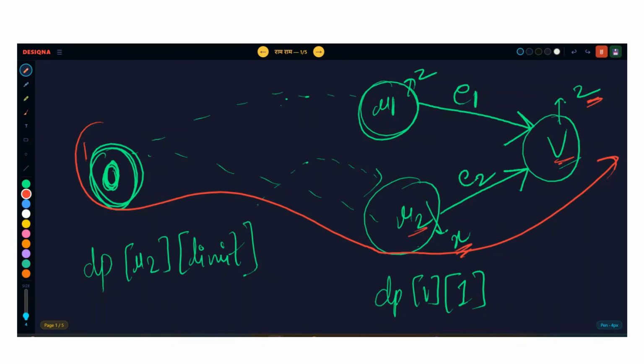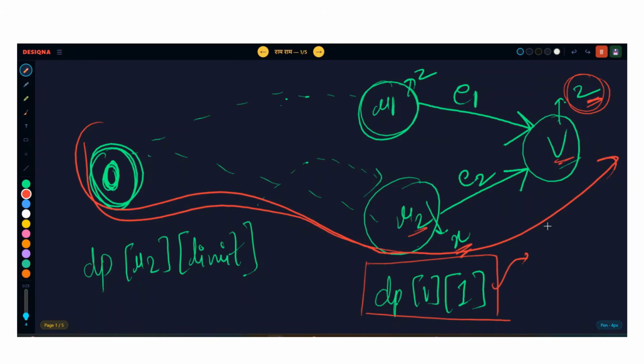So if you consider the shortest path this way, the last character z is only coming one time, so it will be dpv1. What will be the formula for dpv1? It is actually common sense. It is sure that the character of u2 is different from the character of v. So whatever was the best path from 0 to u2 plus e2, so dpu2 limit plus e2.